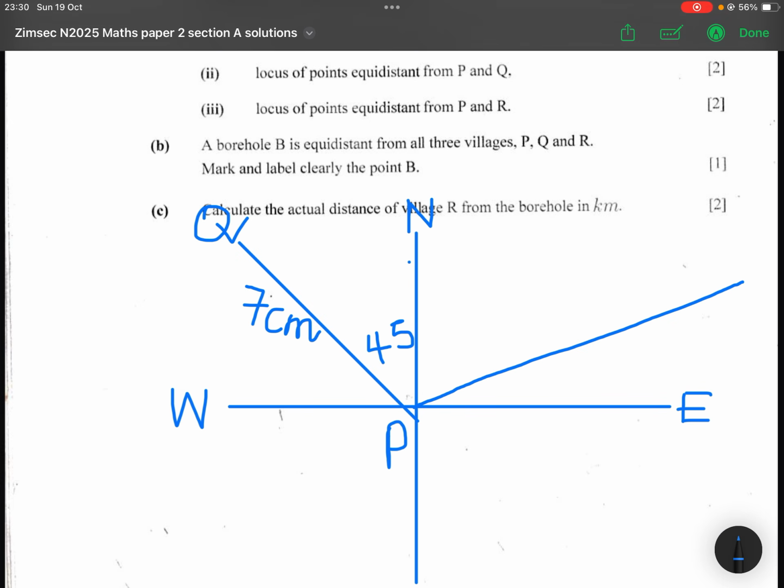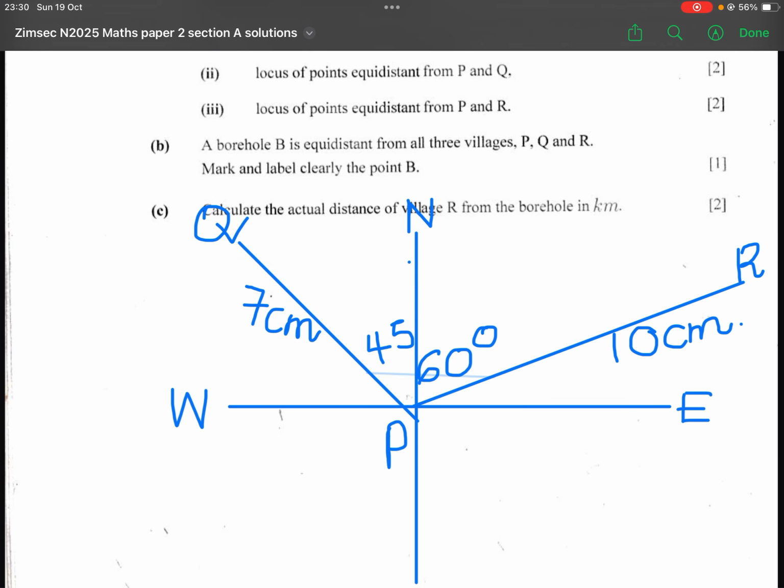So our 60 degrees is going to be something like this. So this is our 60 degrees. And this is our R. This is going to be 10 centimeters, right? This is a sketch diagram. And then next part of the question.